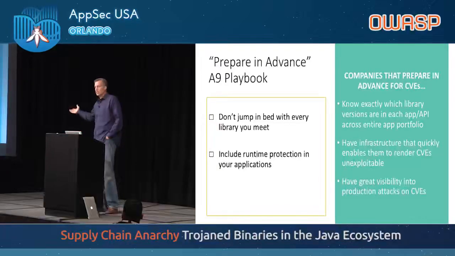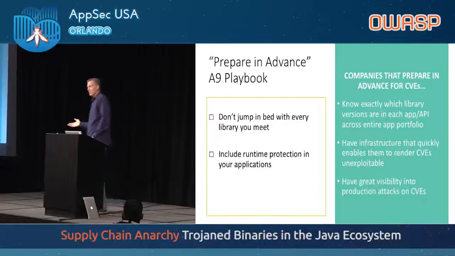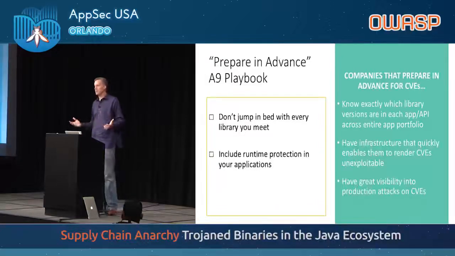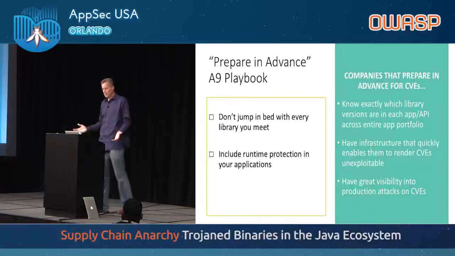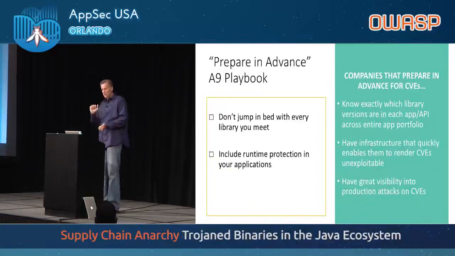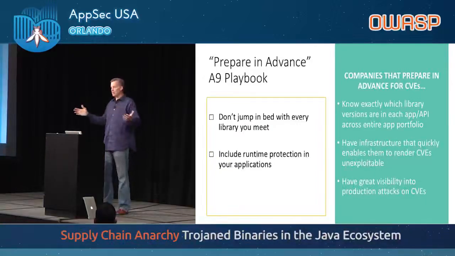First, you're a little selective about the libraries that you choose. That is actually easier said than done. It is very difficult to know about libraries, and again, we'll touch on that later. And then the second thing is I think you have to have some kind of runtime protection as part of your applications. And I believe companies that have this protection, they will get automatic reports on all the libraries that are being used.